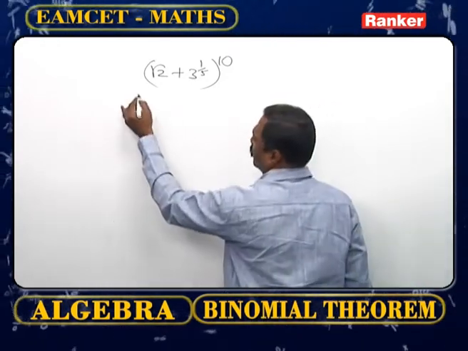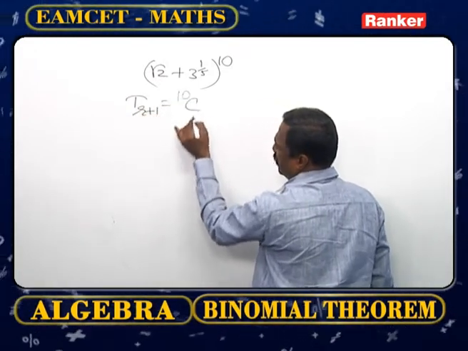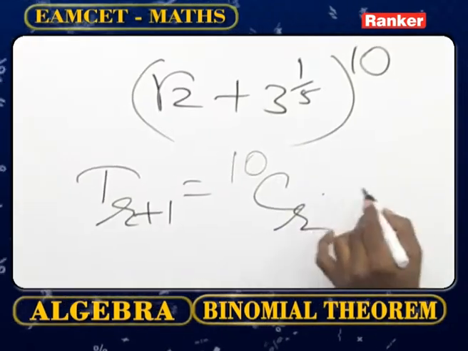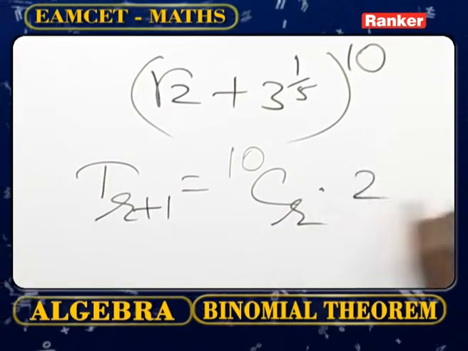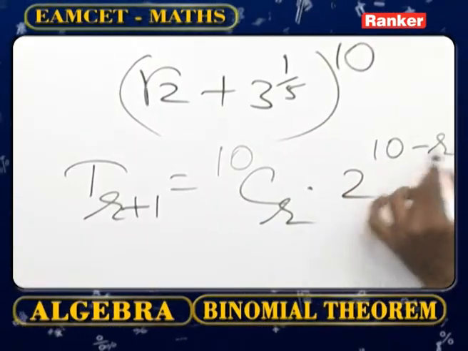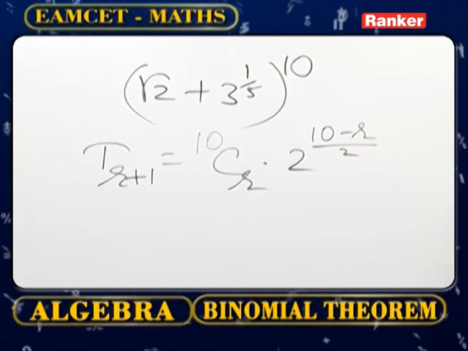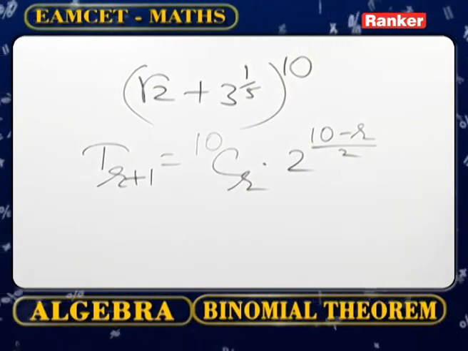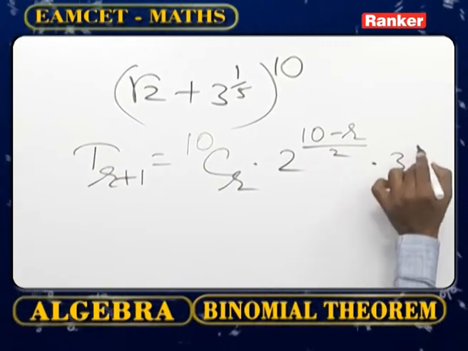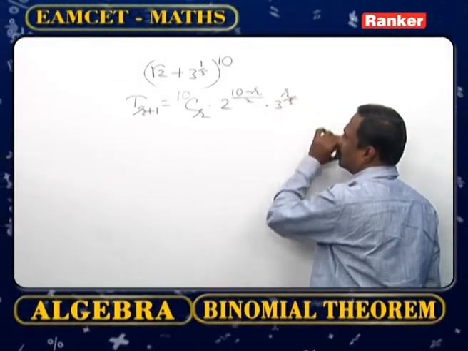What is the general term for this one? T(r plus 1) is nothing but 10Cr into (root 2) whole power 10 minus r, which is 2 power (10 minus r) upon 2, because root 2 is 2 power 1 by 2, into 3 power r by 5. This is what you have got here now.